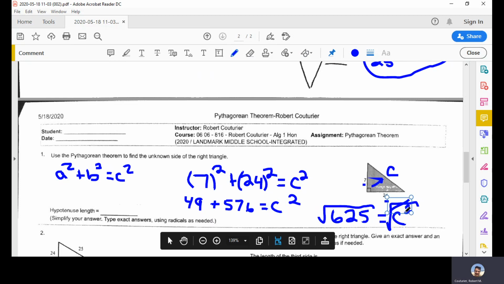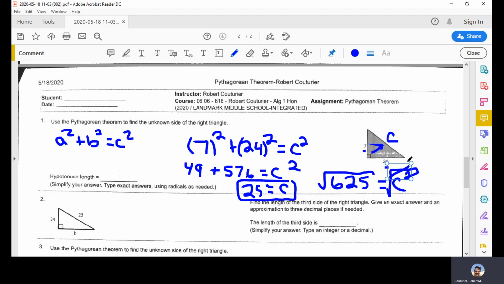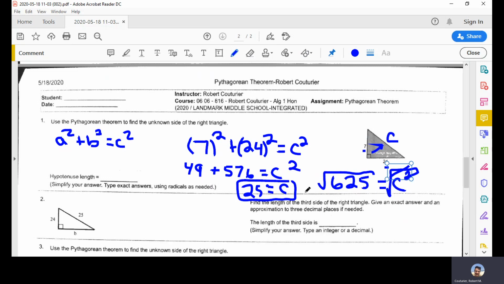So this cancels this. You're left with C equals 25. And there you go. Here's another Pythagorean triple that you have. 7, 24, and 25. 7 squared plus 24 squared equals 25 squared.